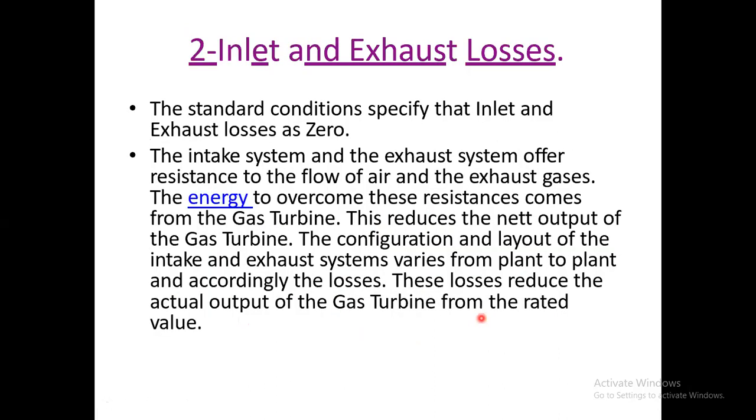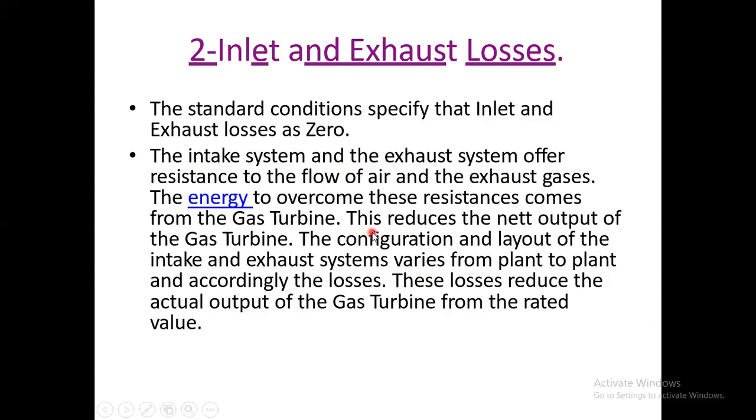Number two is inlet and exhaust losses. The standard conditions specify that inlet and exhaust losses are zero. The intake system and the exhaust system offer resistance to the flow of air and exhaust gases. The energy to overcome these resistances comes from the gas turbine.